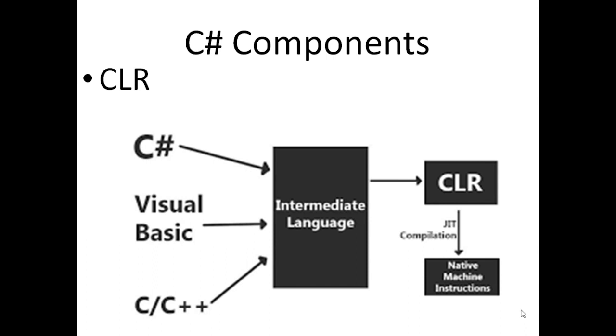CLR, as the name says, is the heart or central part of the .NET framework. It takes our application, which is written in any .NET specific language such as VB.NET or C#.NET, then converts it into its native code called MSIL, that means Microsoft Intermediate Language. This MSIL code is never understood by the operating system directly.